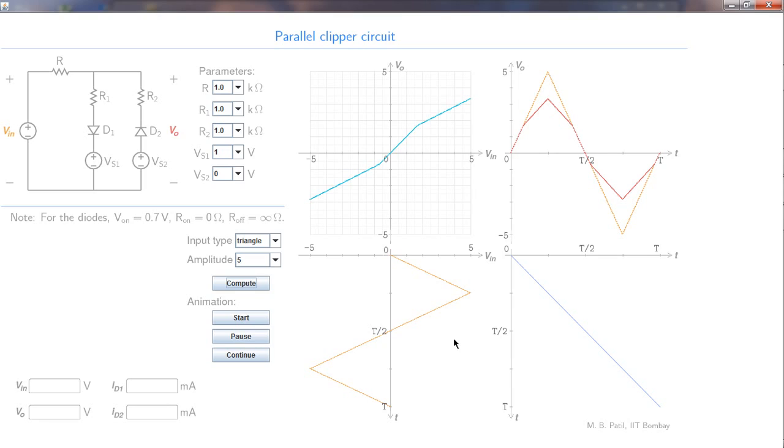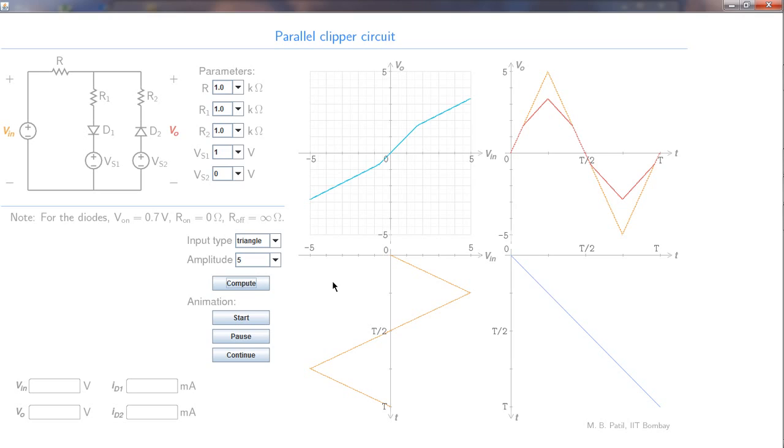Now this input voltage is repeated in this plot over there, the yellow one, and the red one is the output voltage as a function of time. What is this graph here? It is T versus T, that is time versus time, and as we saw in our slides, it is a straight line with a slope equal to 1 and passing through the origin.